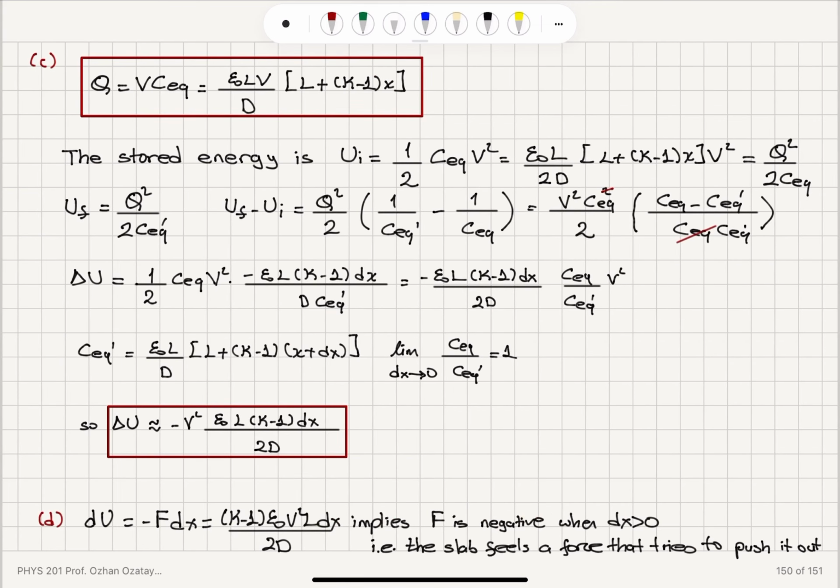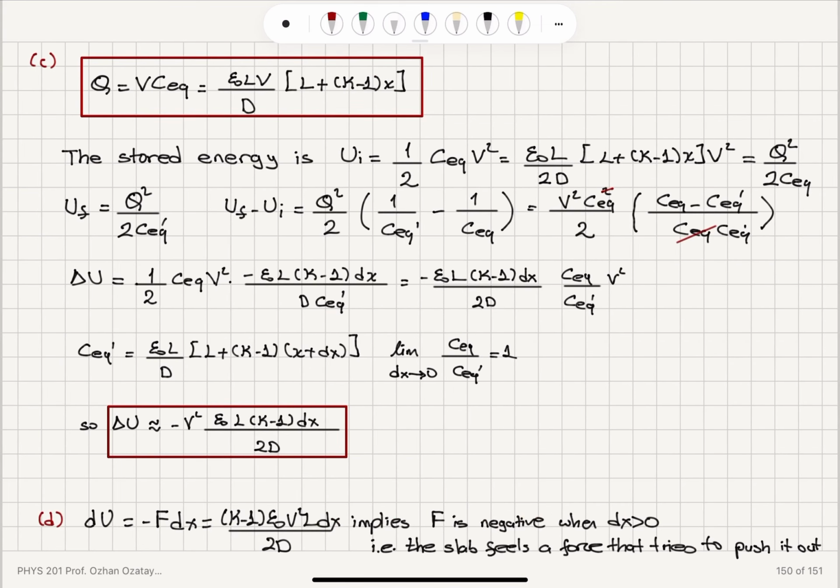In reality, as you can see in this figure, because these charges will induce charges on the two sides of the dielectric, it will be pulled in to the electric field in between the parallel plates. So this is the correct answer. And this applies when the system is not connected to the battery. When it is connected to the battery, it is not isolated.